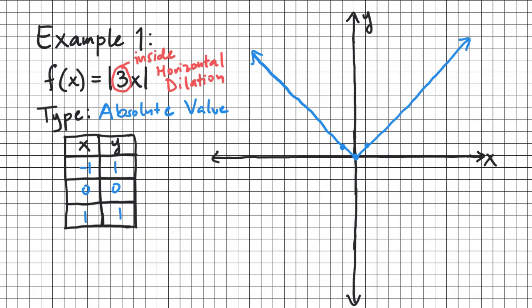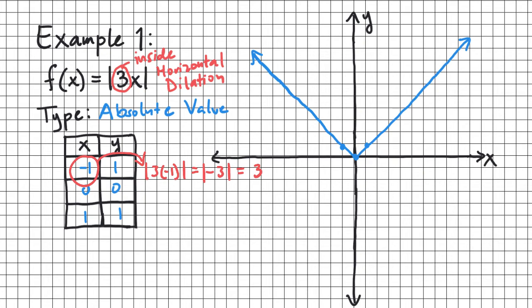So I'm going to plug in this value into the equation, and so the equation is absolute value of 3 times -1. That's going to be -3, but anything that goes inside the absolute value is positive.